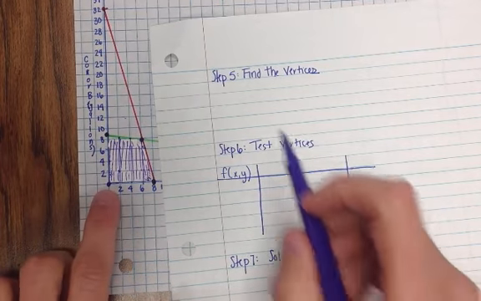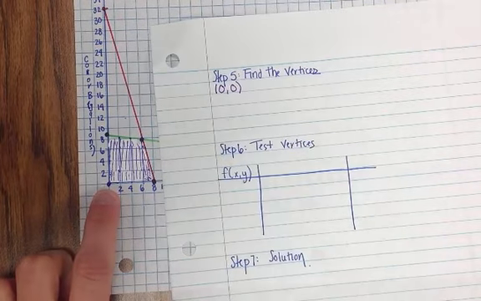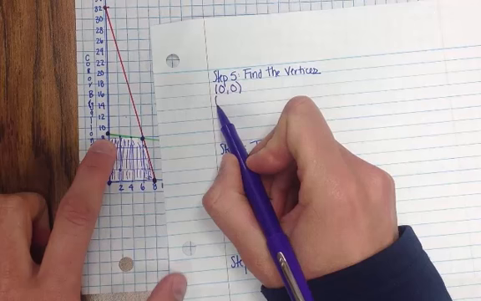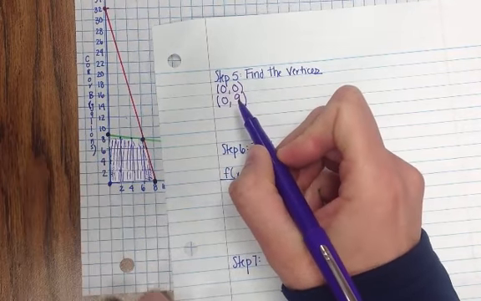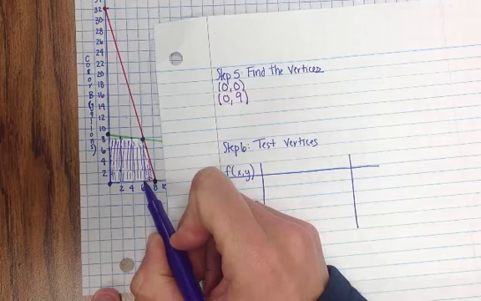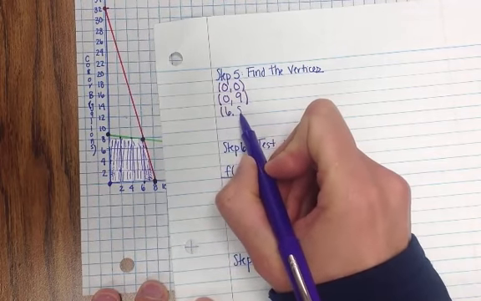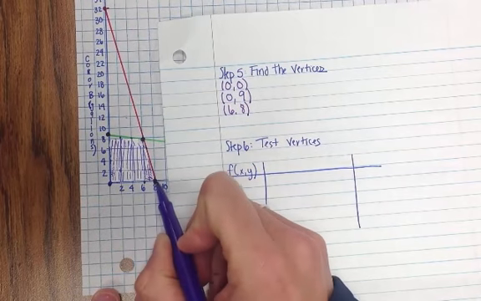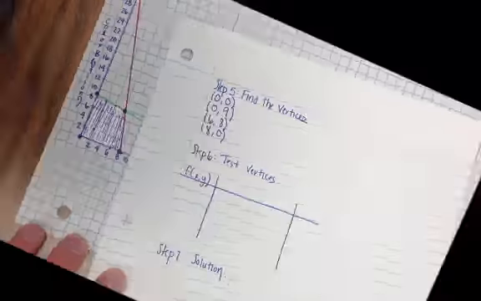So this point right here would be 0, 0. My next point up here is 0, 9. This vertex here, that occurs when x is 6 and y is 8. So 6, 8. And then my final vertex comes here when x is 8 and y is 0.